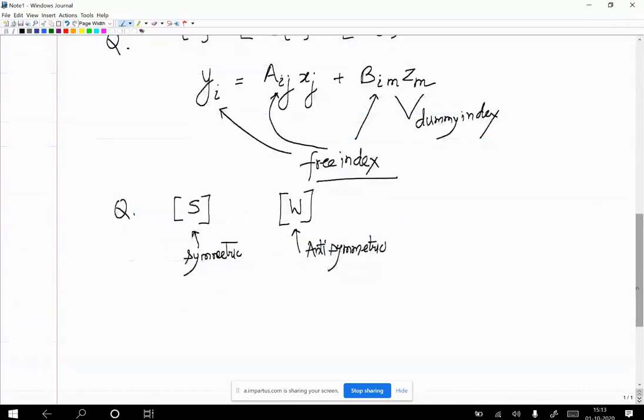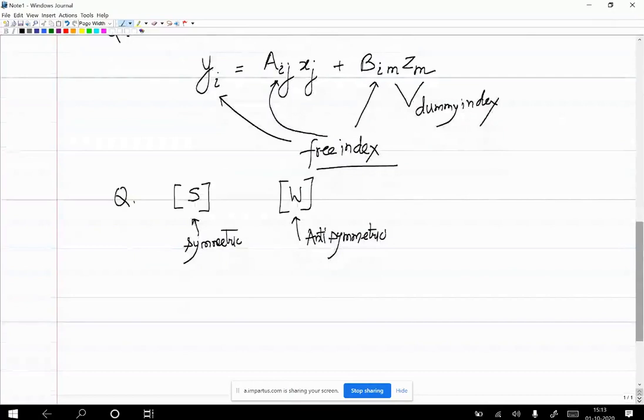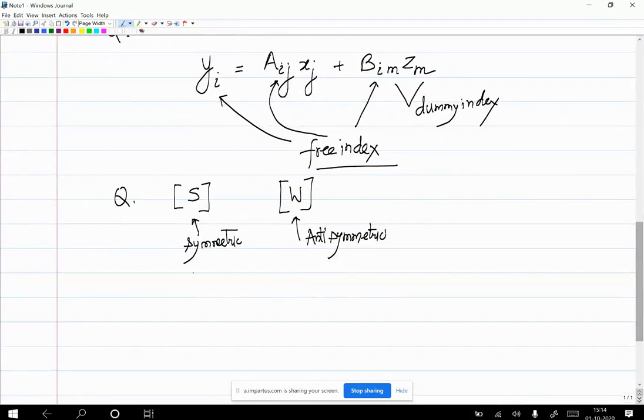So if it is symmetric, how do I denote that in indicial notation, in summation convention? I will say that the ij component is equal to ji, isn't it? So S_ij is equal to S_ji. And for anti-symmetric, it would be W_ij is equal to minus W_ji, isn't it?